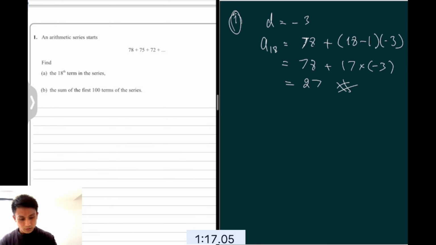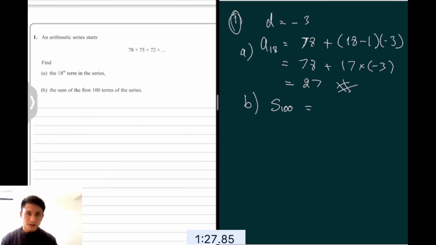Okay, so this is part B: the sum of the first 100 terms of the series. Well, that's not bad because we just do S100 here, and we know the formula. We can plug in all the numbers.